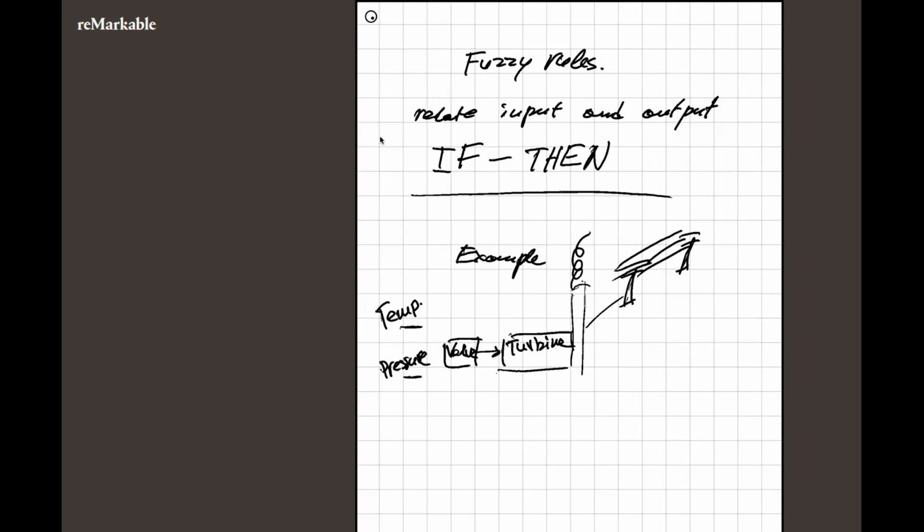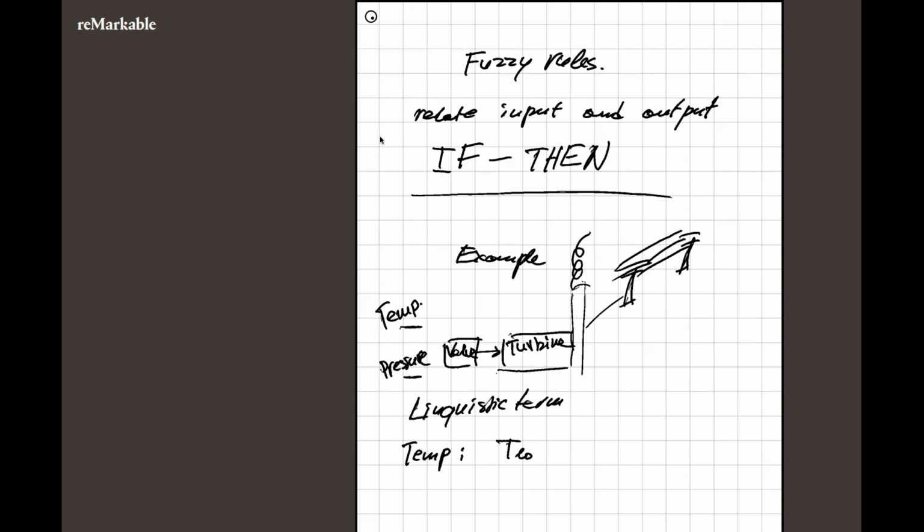And again, if we now express this scenario in linguistic terms, we need to introduce terms for three entities here: for the temperature, for the pressure, and for the control signal, or for the control variable. So temperature.